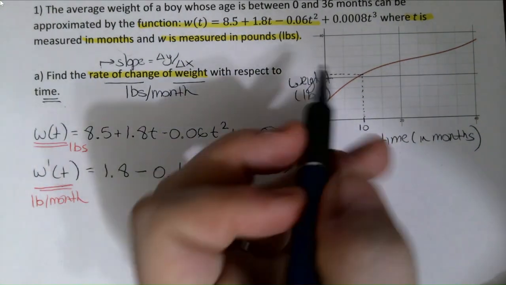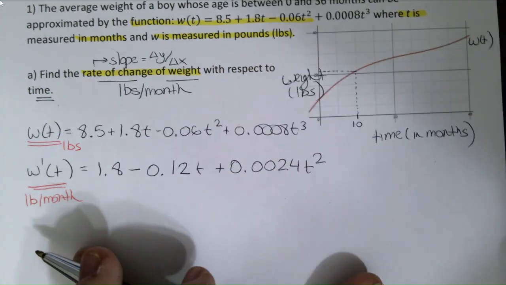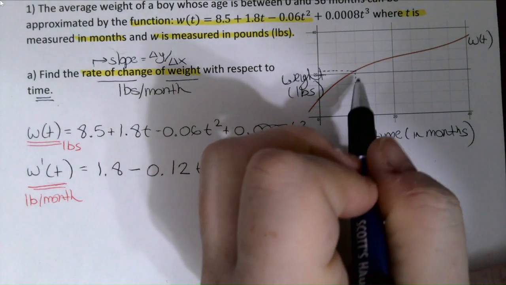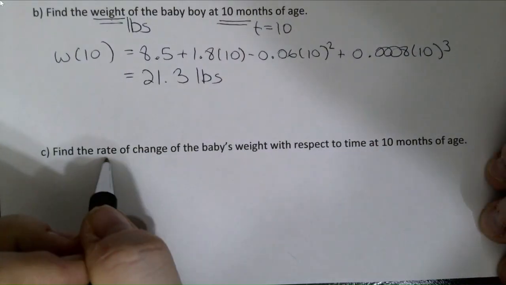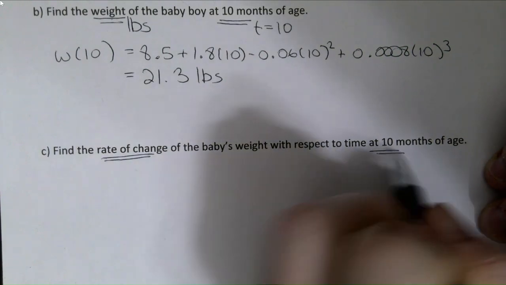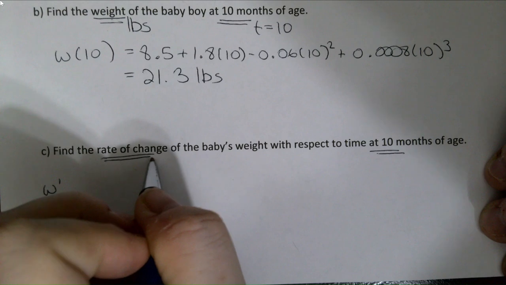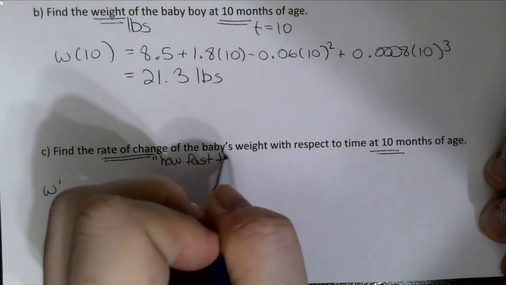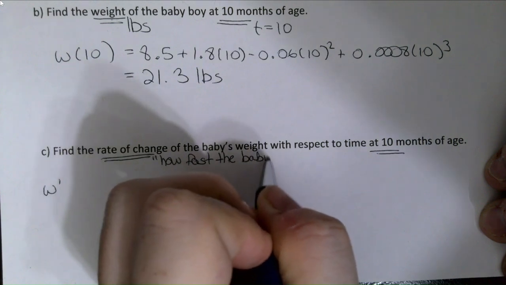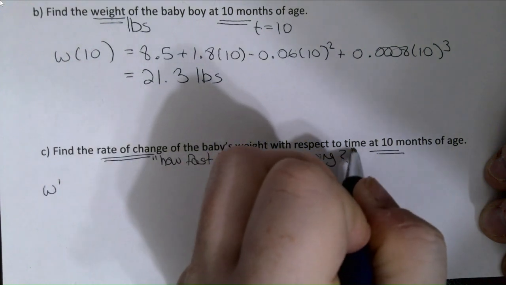So you can see if this is the function that's plotted, this is the weight function, then when I actually just look for a point on it, I'm getting weight. The very last question being asked of us is the rate of change with respect to time at 10 months. So here they're looking for how fast the baby is growing, essentially.